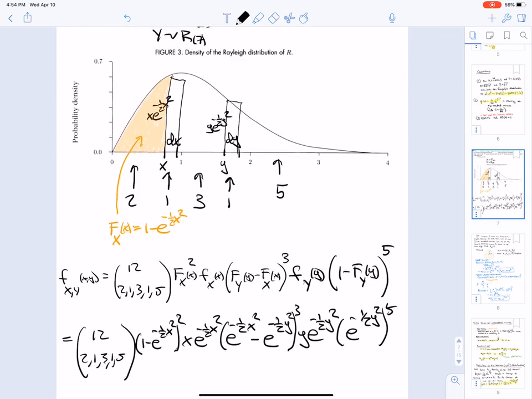And so the chance that a dart lands between 0 and x is just given by the CDF of the Rayleigh. So because 2 darts land there, the chance that 2 particular darts land there, we square. But actually, there are many different combinations of darts landing in the different regions.